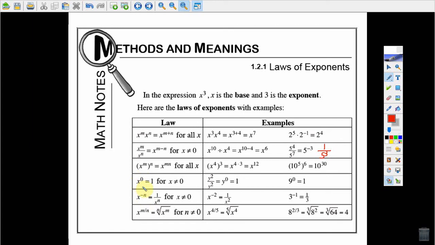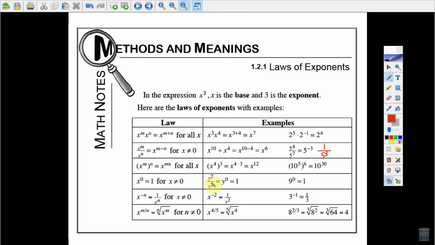Little definition here: anything raised to the 0 power equals 1, as long as x itself does not equal 0. So if we have any old giant expression raised to the 0 power, it's going to simplify to 1. There's a reason for why that is, based on our previous laws.